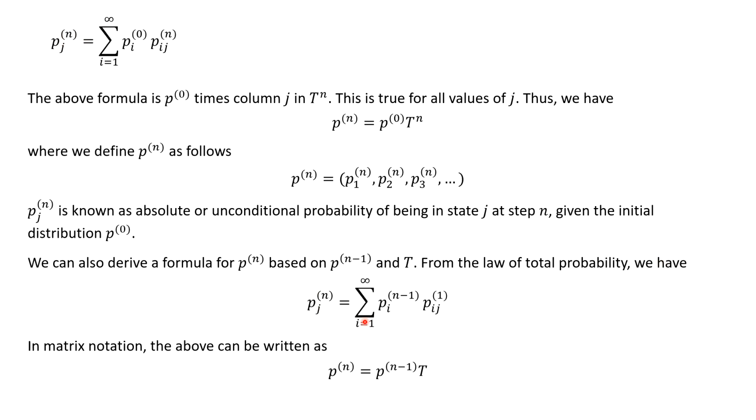We're looking for the same thing, but given that at step n minus 1 we're in state i, you then multiply that by the probability of going from i to the desired state j. In matrix form, that's Pn, this row vector, equals Pn minus 1, another row vector, times T.